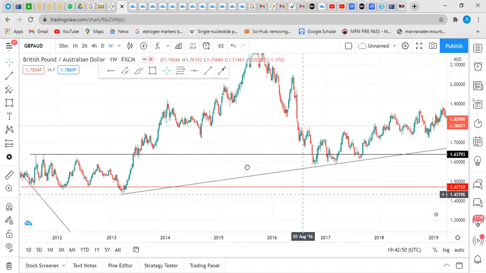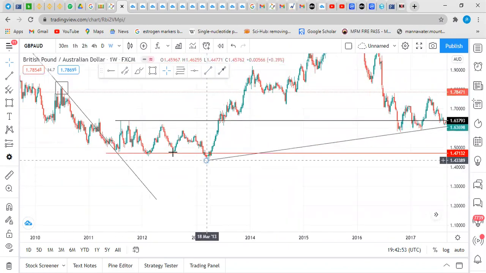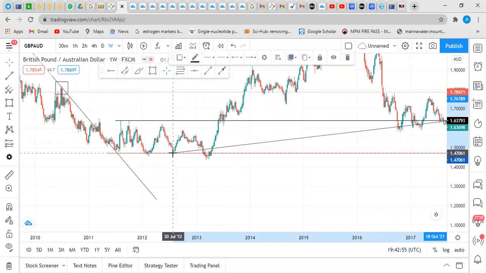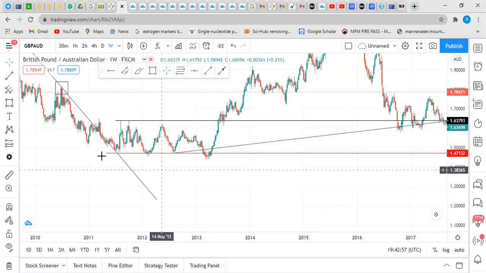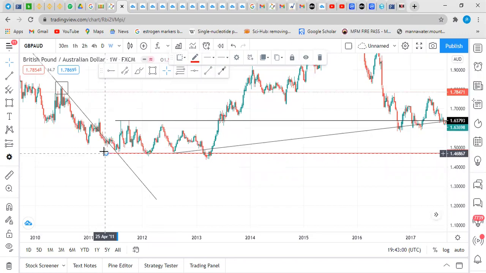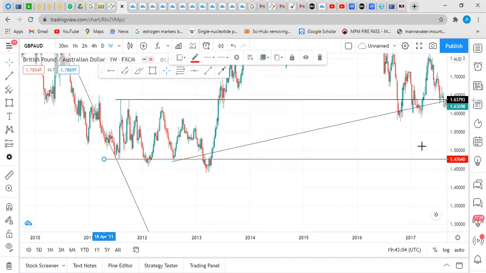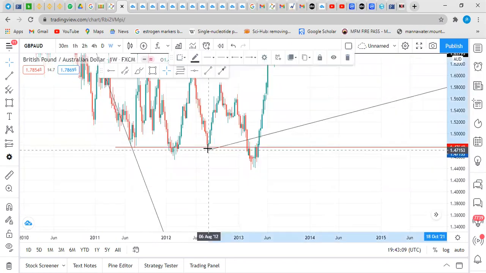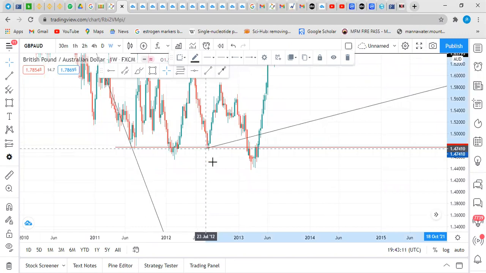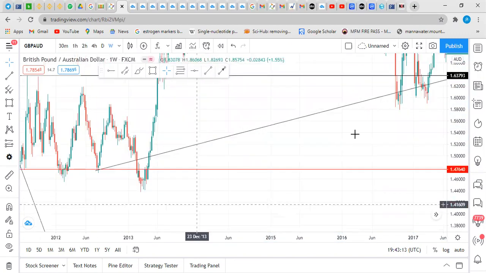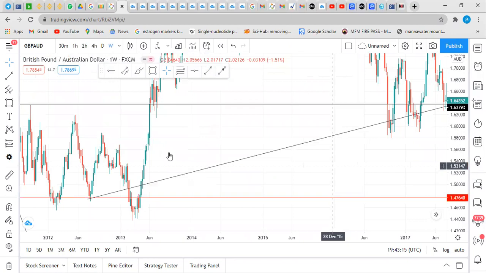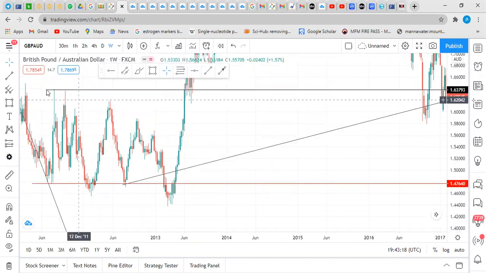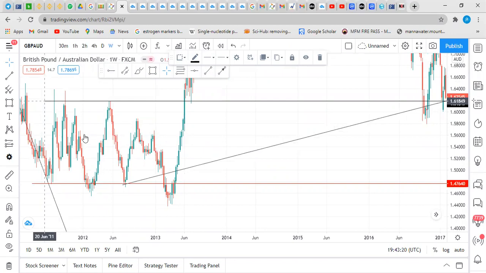Yes. All right. Now we can zoom so we can see very well. The retest.